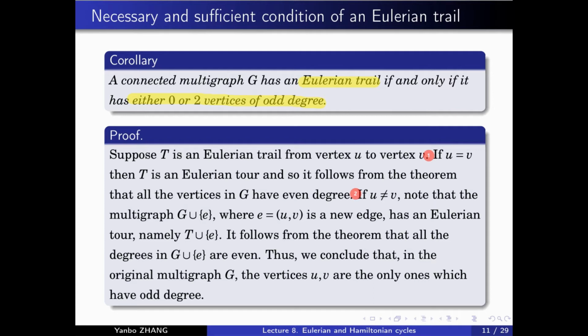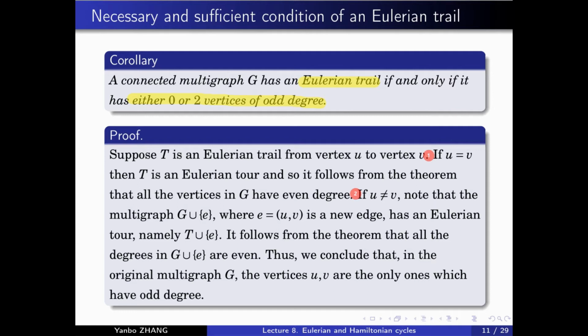It has an Eulerian tour, namely T union E. It follows from the theorem that all the degrees in G union E are even. The graph G can be obtained from G union E by deleting the edge E. Thus, we conclude that in the original multigraph G, the vertices U and V are the only ones which have odd degree.